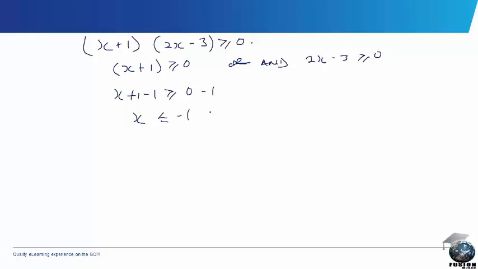And for this part, we have to add 3 to both sides. 2x minus 3 is greater than or equal to 0, so we have 2x is greater than or equal to 3, so that x is greater than or equal to 3 over 2, dividing both sides by a positive number.